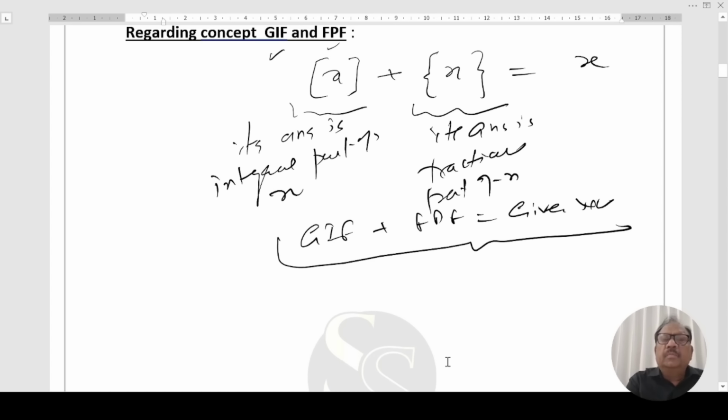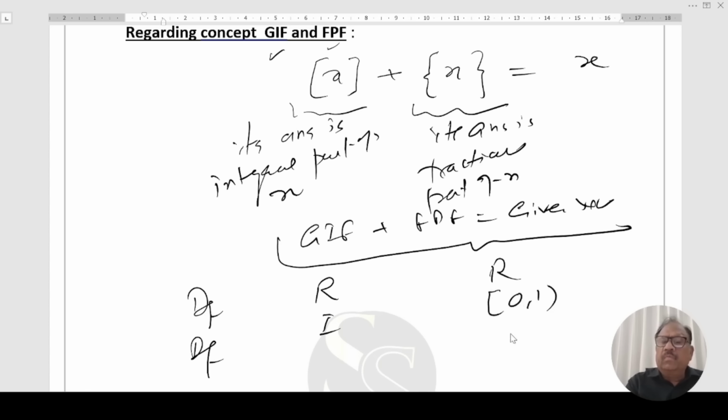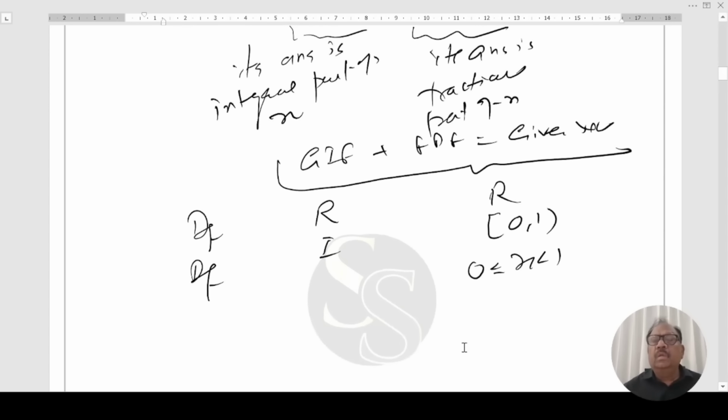And the domain of the greatest integer function is R, and the range of the function is I. The fractional part function has range 0 to 1, that is, x belongs to 0, 1. Right?